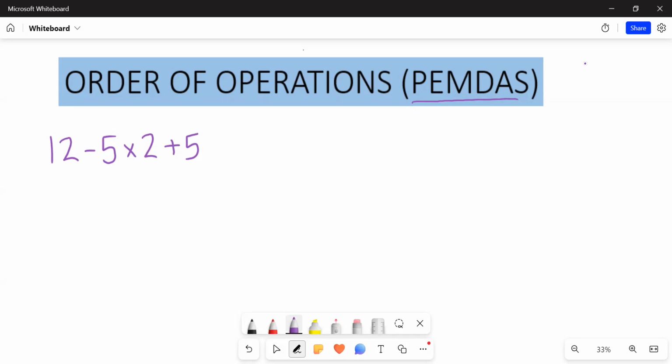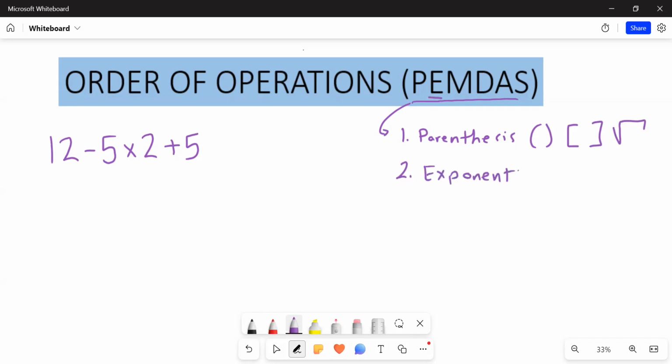So what PEMDAS stands for: the P, number 1, stands for anything that's in parentheses or any kind of grouping symbols. It can be parentheses, it could be brackets, it could be within a function like a square root. The second letter is E, and that represents exponents. Any exponents in the problem have to be evaluated second. Now, M and D go together on the PEMDAS. That's really step 3.